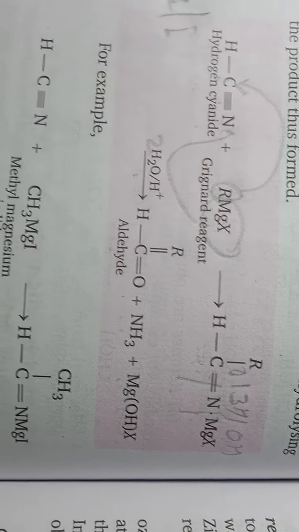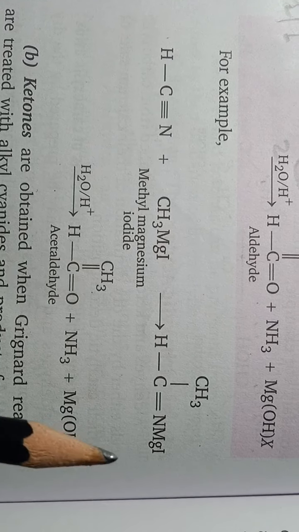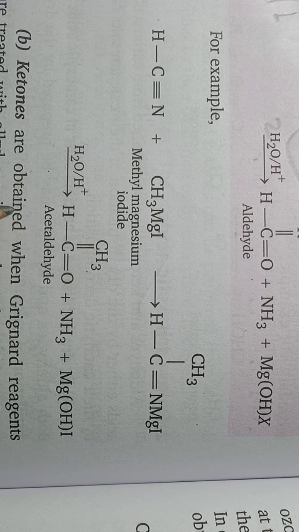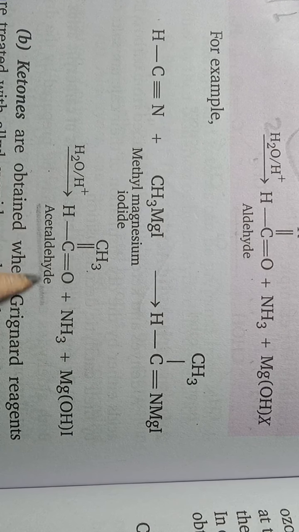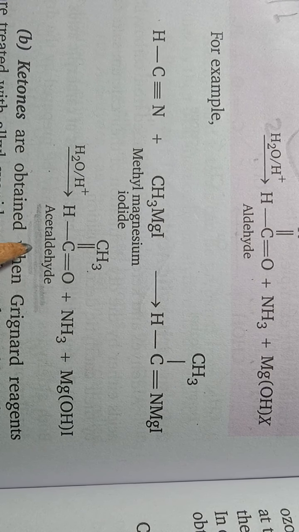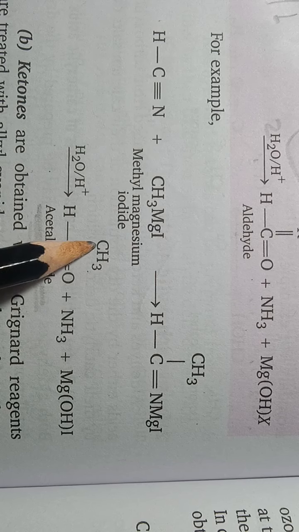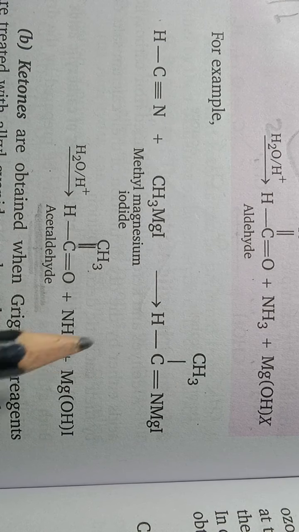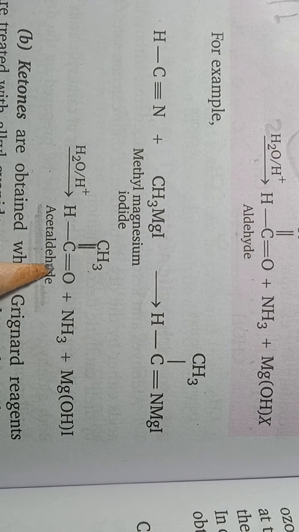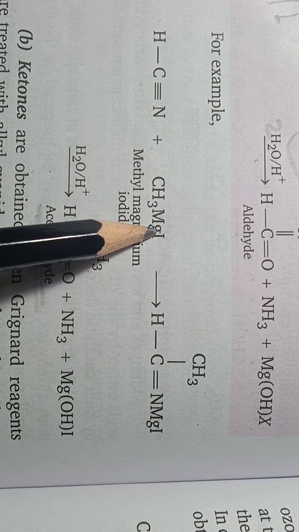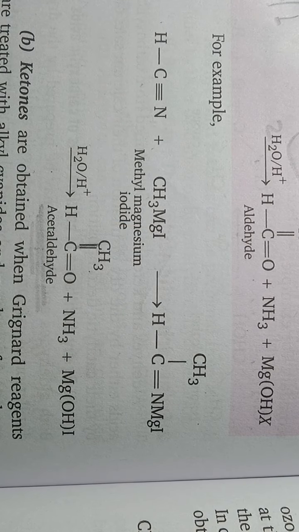Okay students, now example. So according to this example, if you want to prepare acetaldehyde by this reaction, as you can see here that for the preparation of acetaldehyde, hydrogen cyanide is reacted with methyl magnesium iodide.